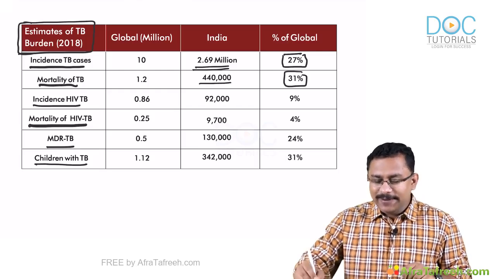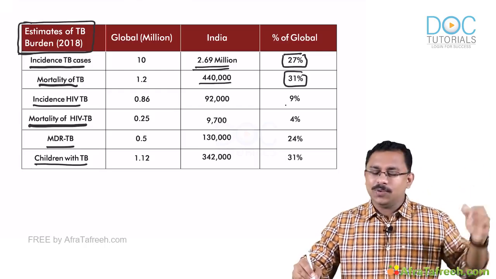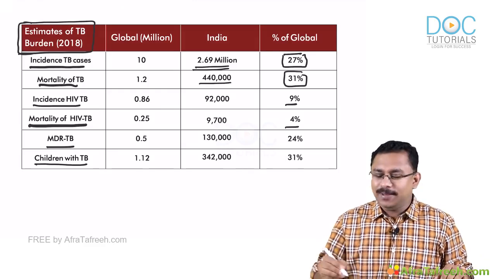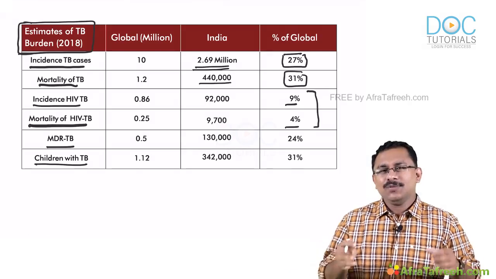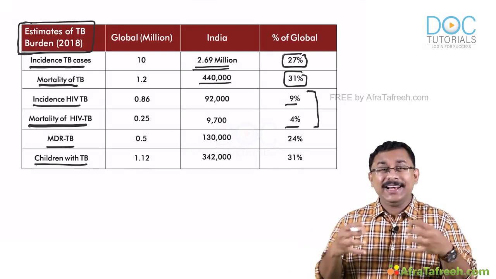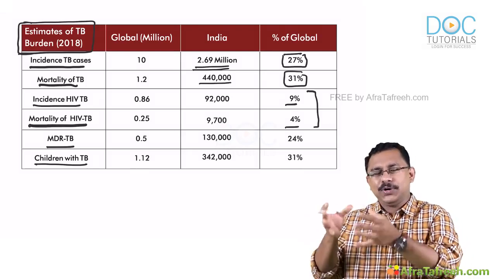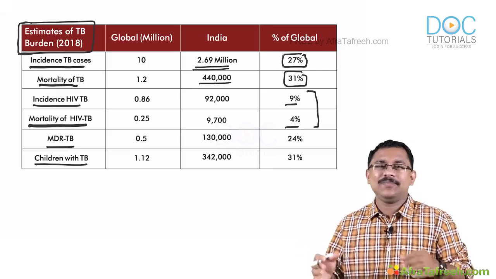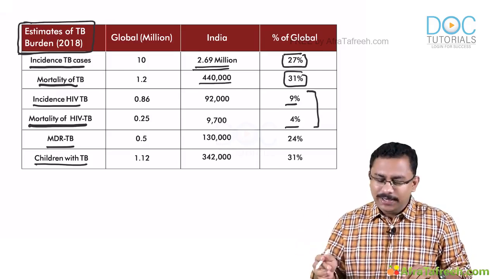The incidence of HIV TB in comparison to the world is 9%, and mortality of HIV TB is 4%. We will see in due course how this HIV TB, this deadly combination, creates such havoc on the health system, because it is very difficult to treat.